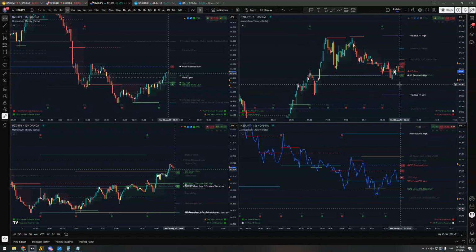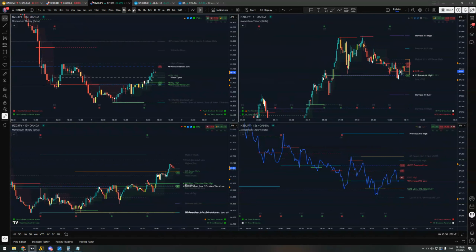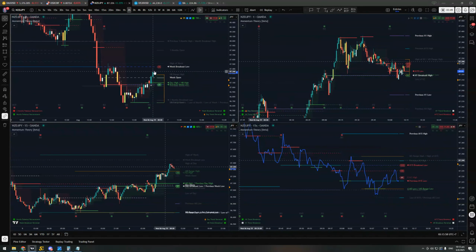If it gets below, then I'll reframe to the H2 and look for a trend retracement on the H2 instead. H8 range right here, previous H1 low.